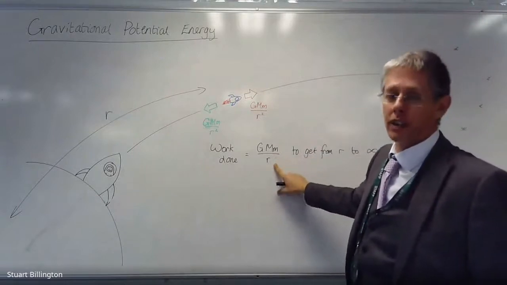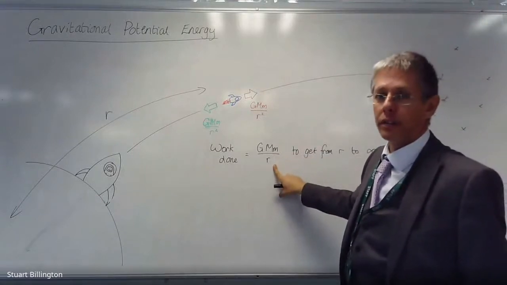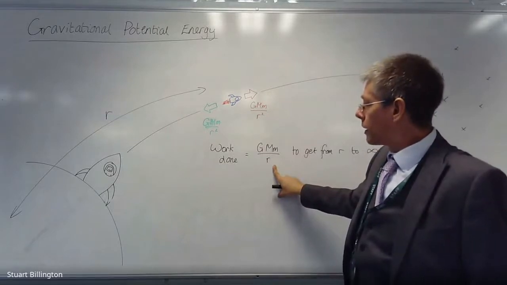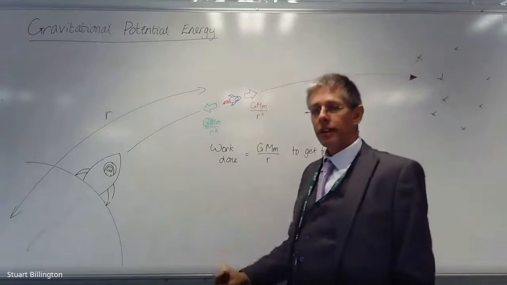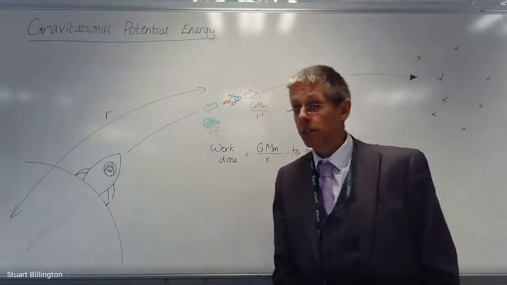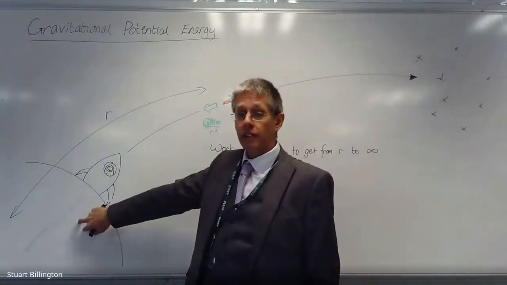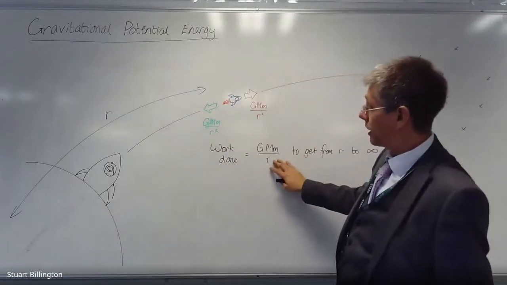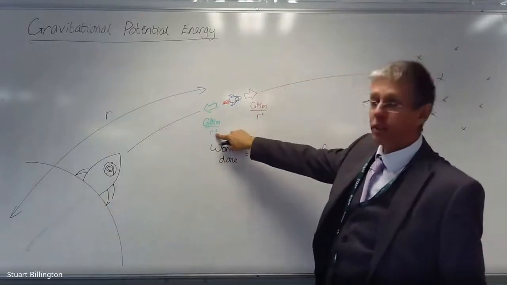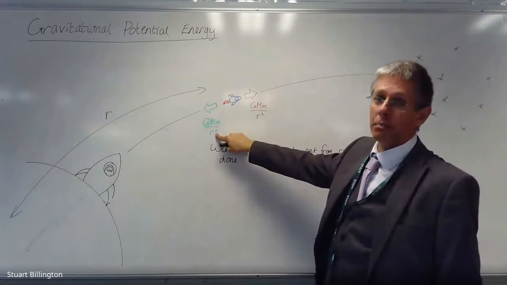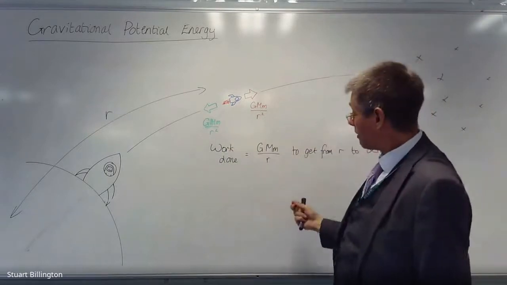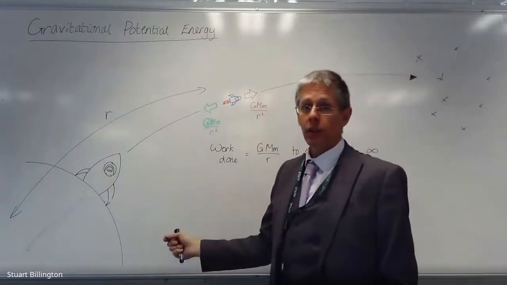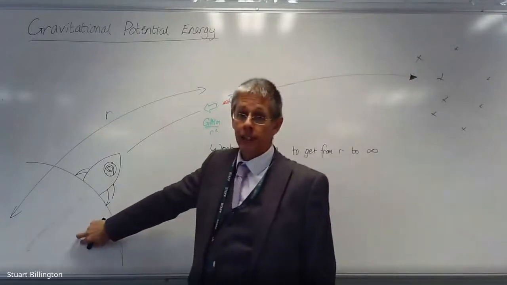That is the amount of energy given to the rocket because of the Earth's gravitational field. We had to put that amount of energy in to overcome the force of attraction that was pulling us back. The only reason that this energy needed to be given to the rocket was because the planet Earth exists.